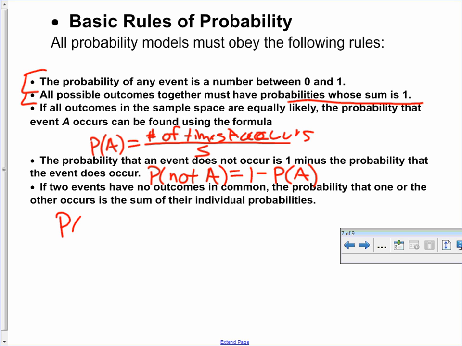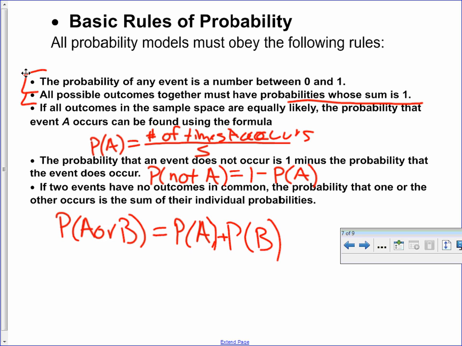So the probability of A or B equals the probability of A plus the probability of B. But the big thing here is that they have no outcomes in common. So the probability of rolling a 7 or a 5 is, you would add those two probabilities together, because you cannot roll both a 7 and a 5.